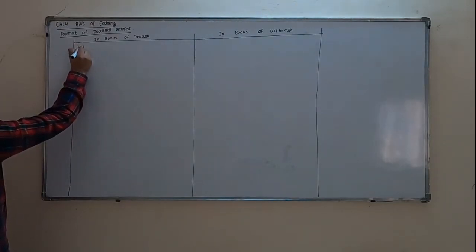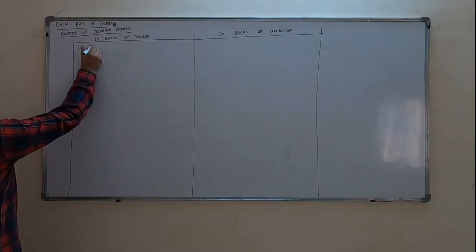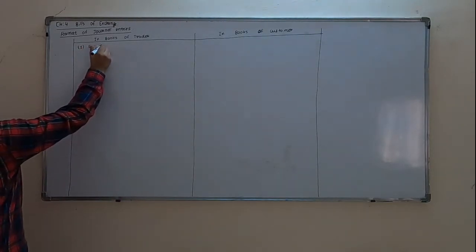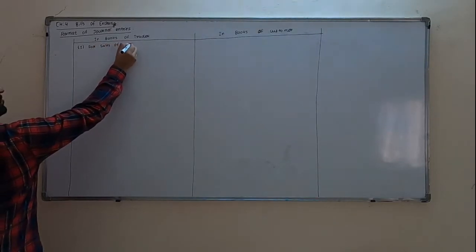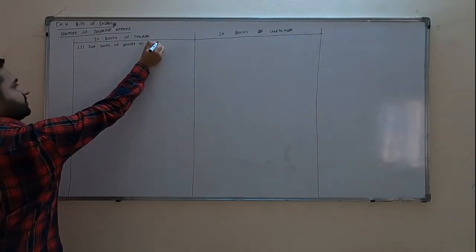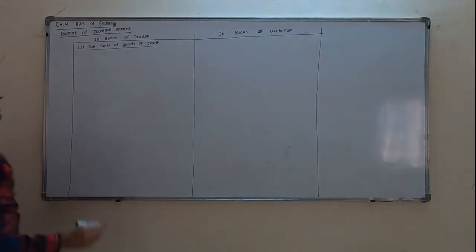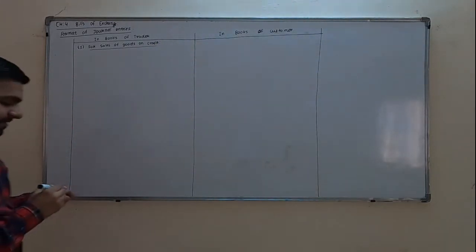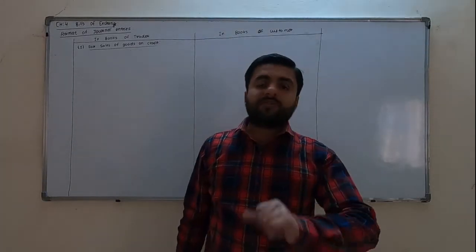the first entry in the books of trader is for sales of goods on credit. Okay, first we will write the entry here. Whenever we are selling the goods on credit, we are not receiving any cash, but goods are going out.